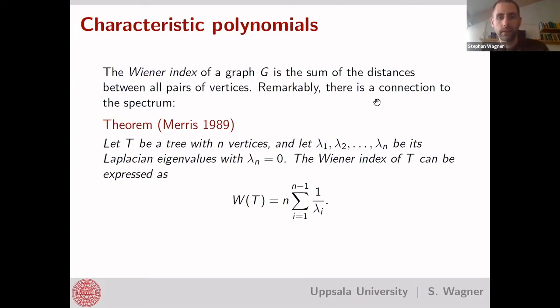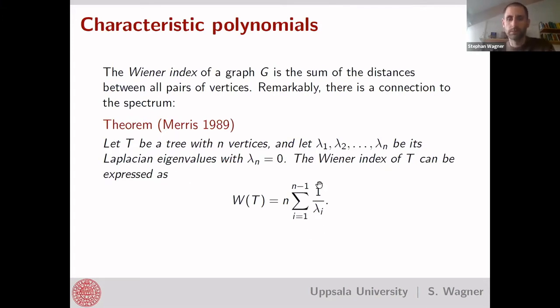And surprisingly, there is some connection to the spectrum here as well. Theorem, first proved by Merris in 1989, but there are several articles that contain this and equivalent or more general results. So if you have a tree with n vertices and you take its Laplacian eigenvalues, with the last one again being 0, then you can express the Wiener index of the tree in terms of these Laplacian eigenvalues.